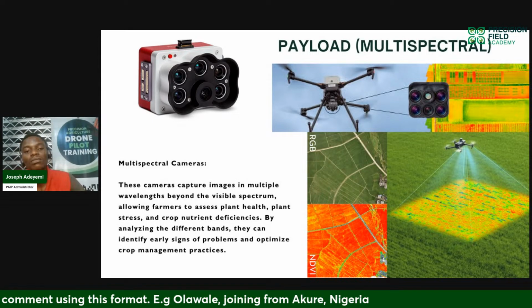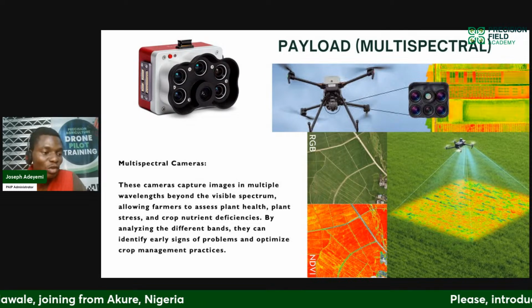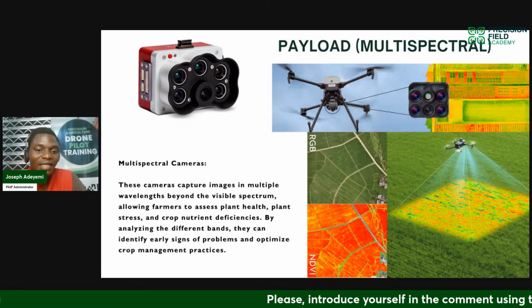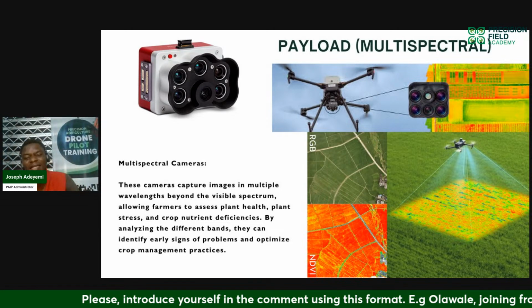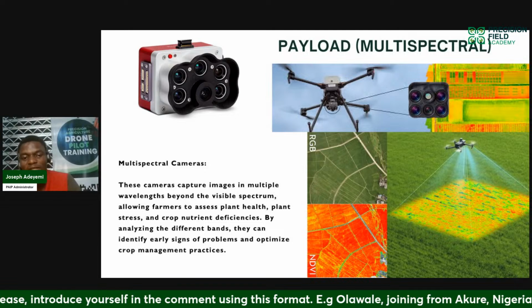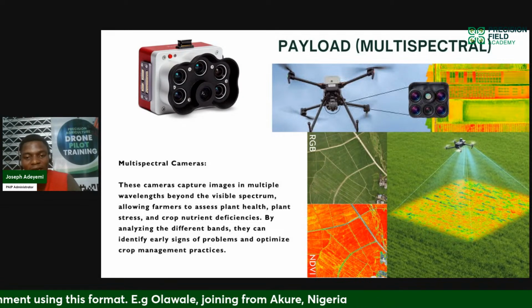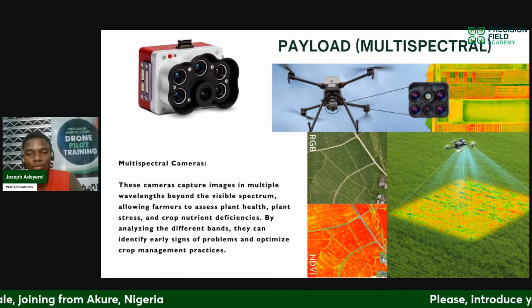RGB will make this visible to you because it's going to show you part of what your eyes can still see. But there are certain things RGB can never see. Your eyes can never see it too. So a multispectral drone gives you the capability to see that. Yes.